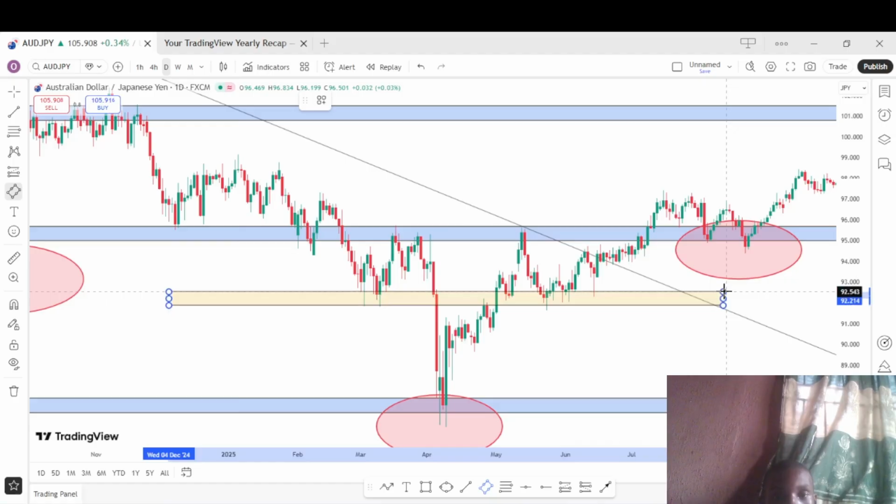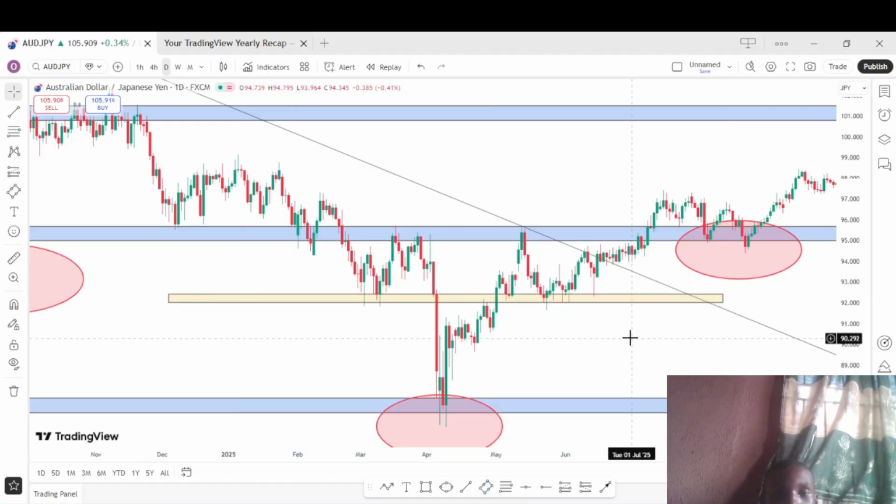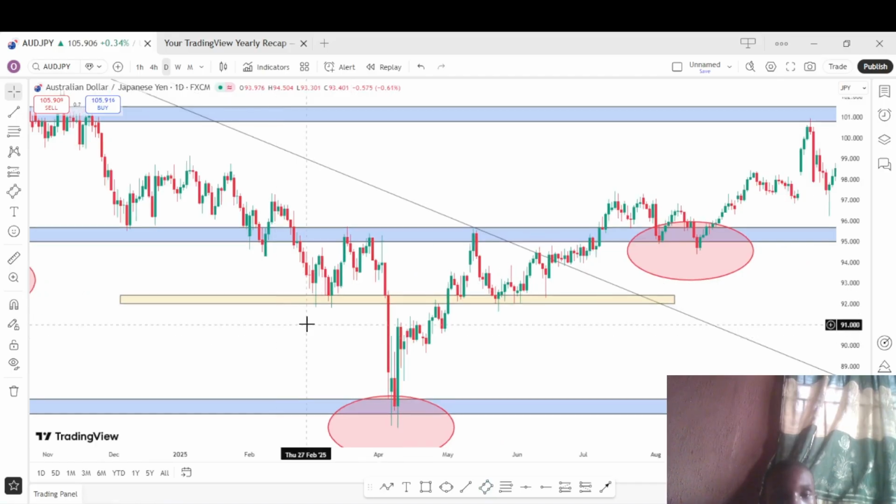So it's a minor resistance. It came down here, this level rejected it, it went up. It came down, it rejected it, it went up. This same level rejected it, it came down here. This major level rejected it, it came down with full force and broke above it.